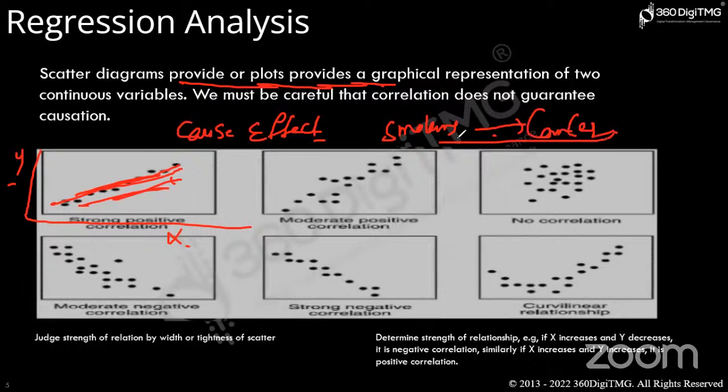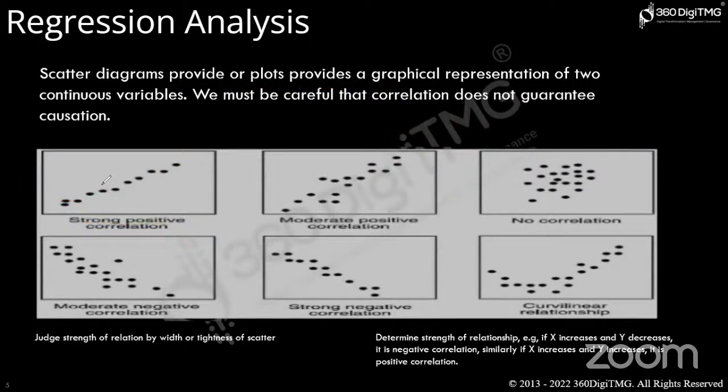It is a cause of smoking, and you might have cancer. It is a causation relationship. But here, whatever the correlation will be, it doesn't guarantee the causation. You should keep this in mind before you are working on the correlation.